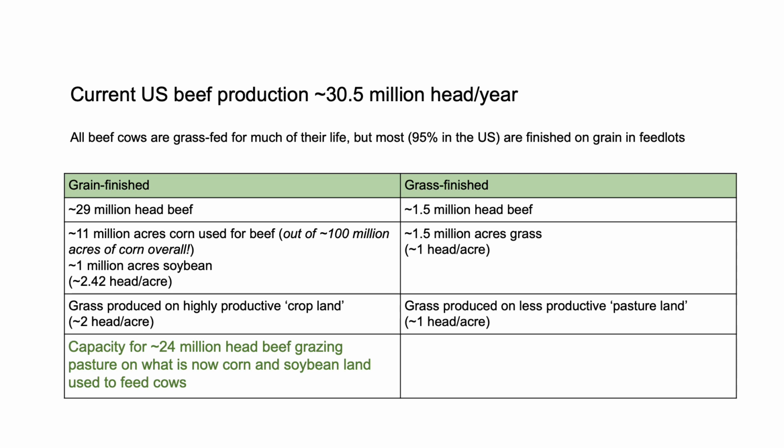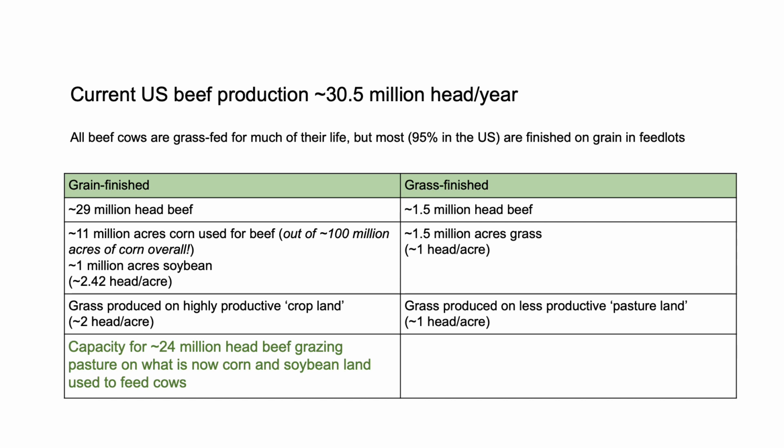But what's important to note here is that averaging over all the acres out there is kind of silly because we have some very highly productive land and some very low productive land. On really highly productive land, you can raise as many as 2 or 3 beef cows on 1 acre of land.